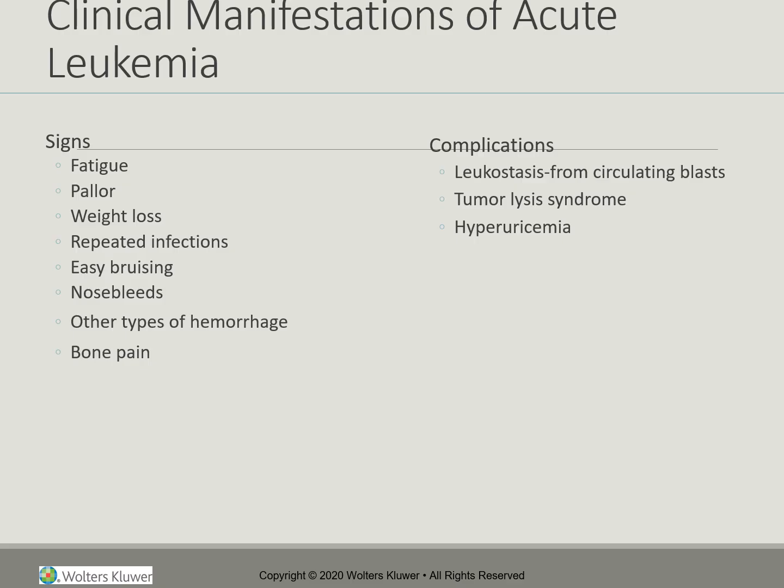And so that circulating blast count becomes so elevated, it starts to increase the viscosity or the thickness of the blood itself. And that can form what we call leukoblastic emboli. So remember, emboli are thrombi that are now traveling. So they're little emboli that can start to lodge themselves into small vessels and occlude them.